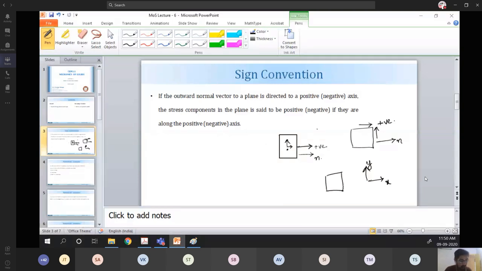What can you say about the positive sign convention? As I said before, it is actually positive. The total sign convention, if I am writing here, will be positive. Then there is a shear stress acting like this, so this is positive.